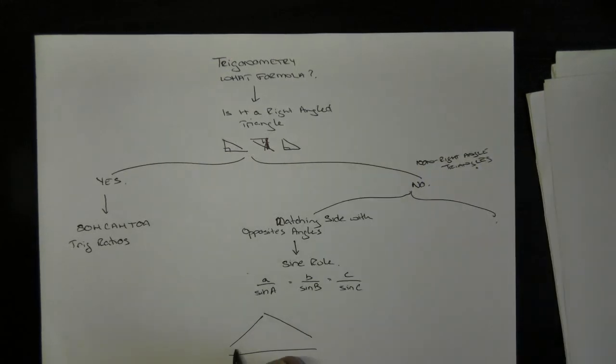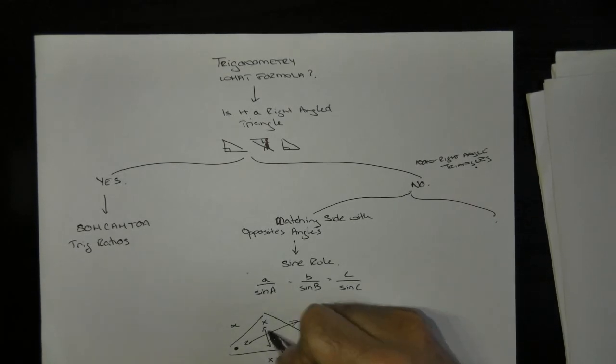Okay, so we've got this with this, and that with that, and this with this. So we're trying to match pairs together.